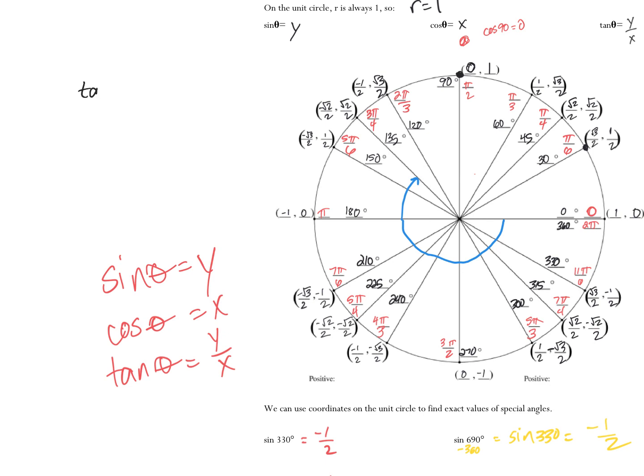The tangent of, let's do 11 pi over 6. Would it just be -1/2?